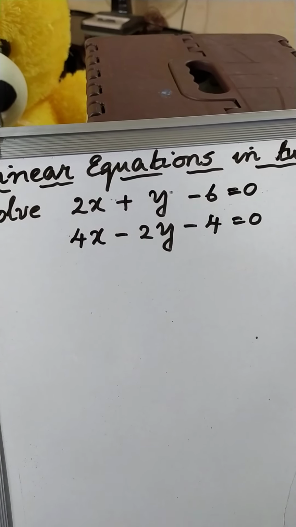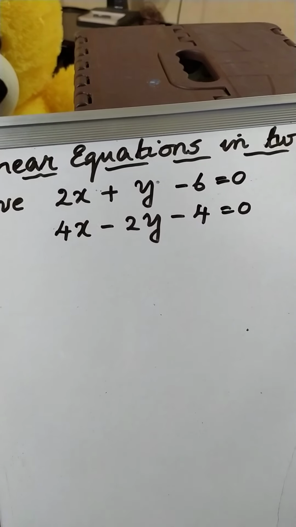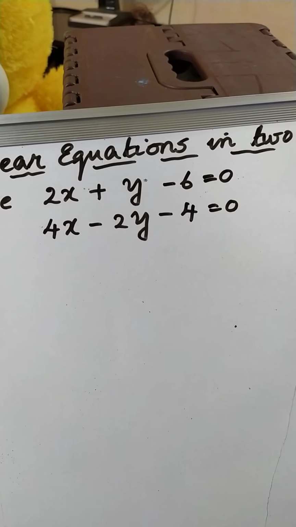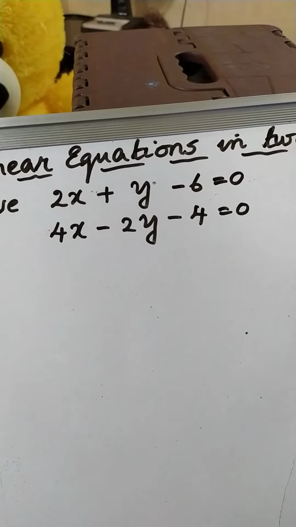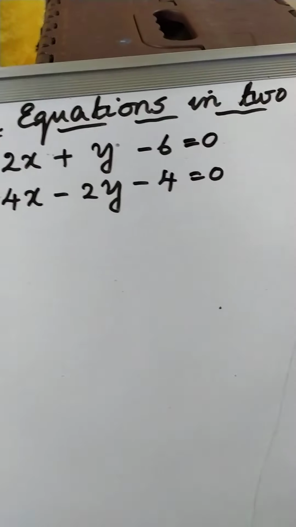They have asked us a question to solve the two equations 2x plus y minus 6 equal to 0, 4x minus 2y minus 4 equal to 0.